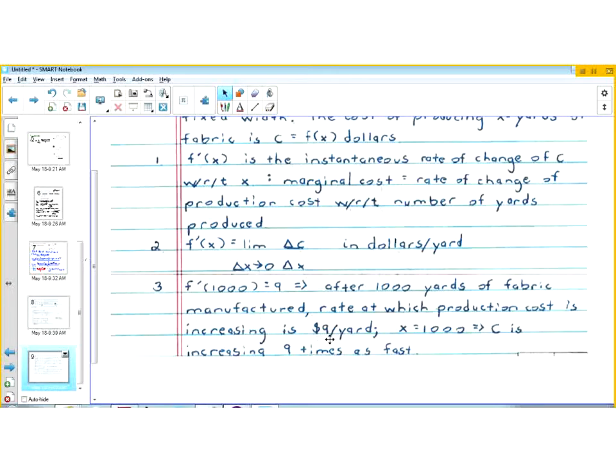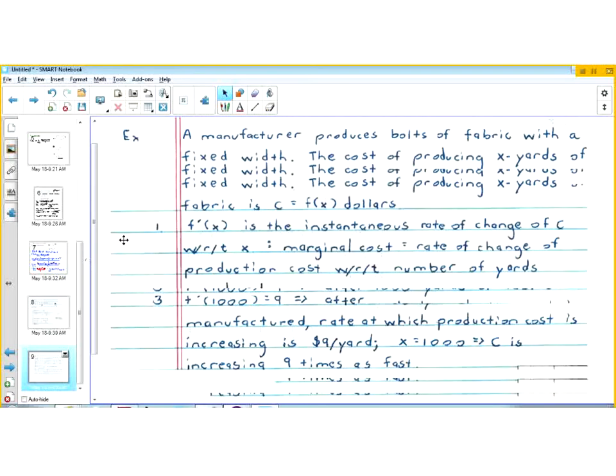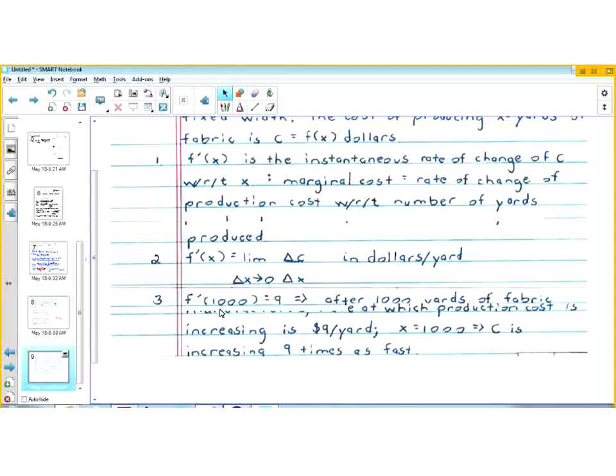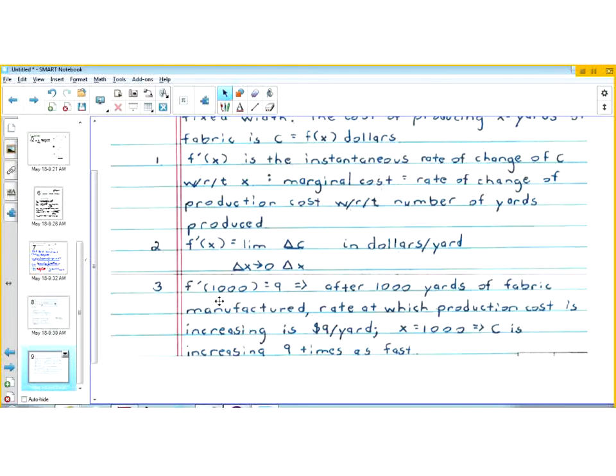So for instance, f prime of 1,000 is equal to 9. And what this means from the manufacturing perspective is after 1,000 yards of fabric manufacturing, the rate at which production cost is increasing is $9 per yard. Okay, so that is the cost is increasing 9 times faster.